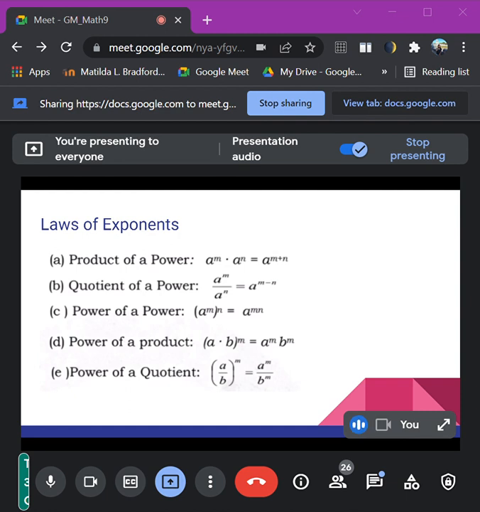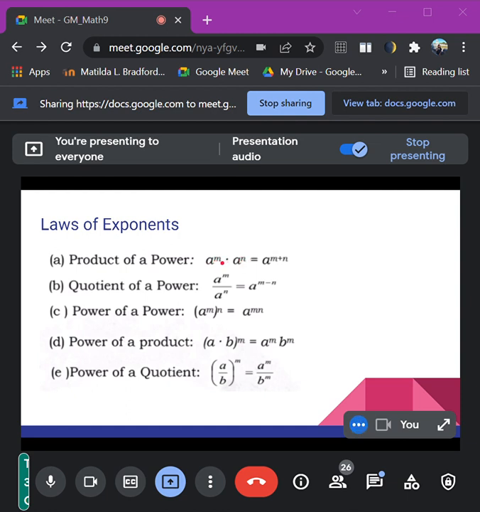So when we say product of a power, class, what we're going to do is multiply the two exponents, the two powers. Their operation is multiplication, but what you are going to do with the exponent is just to simply add.